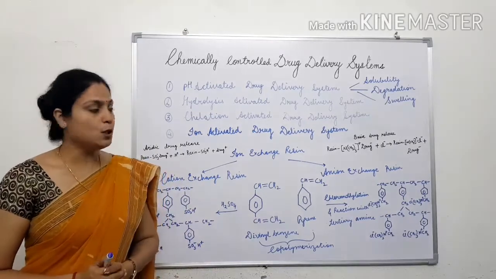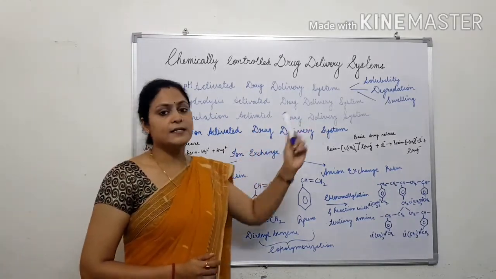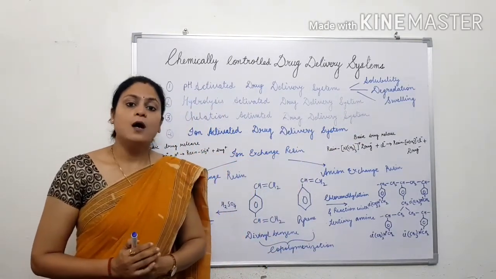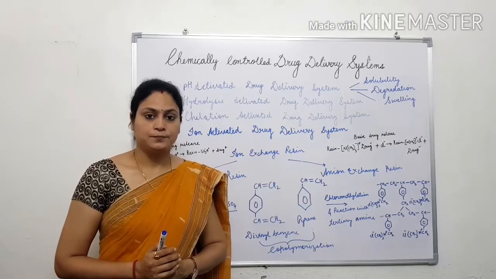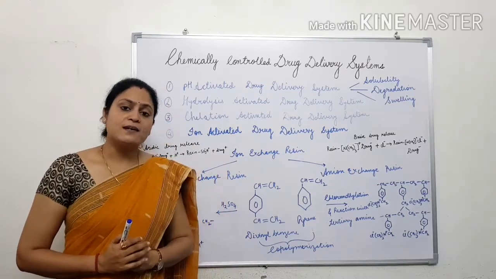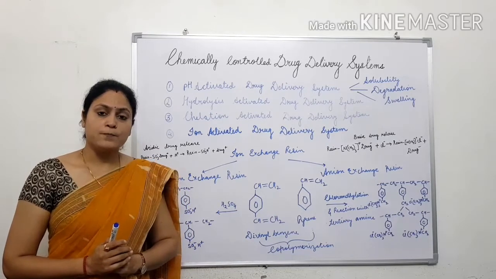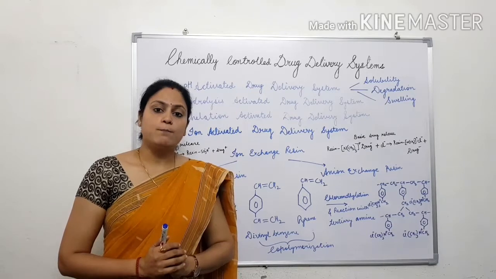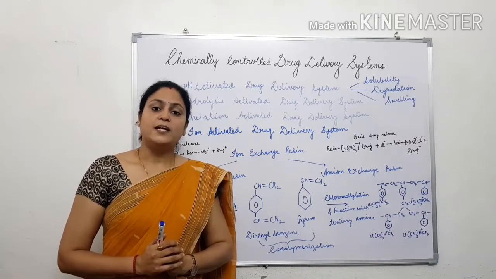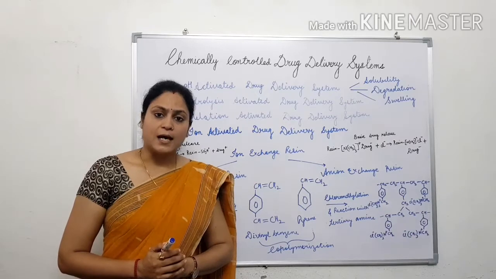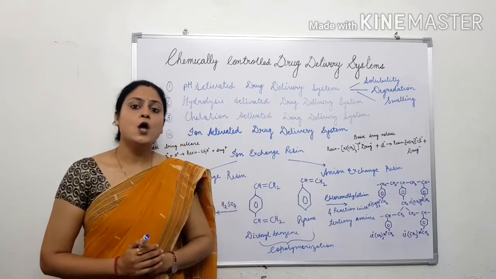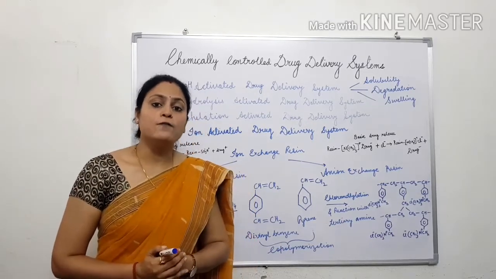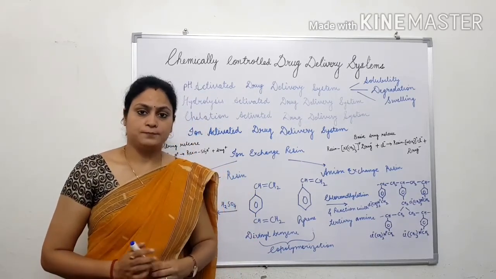The best example of these degradation dependent drug delivery system is urea responsive drug delivery system. In urea responsive drug delivery system, the drug is uniformly distributed throughout the polymer matrix, which is made up of polyvinyl methyl ether, and on the surface of this polymer there is a coating of immobilized urease.